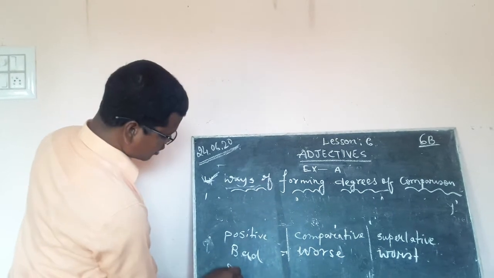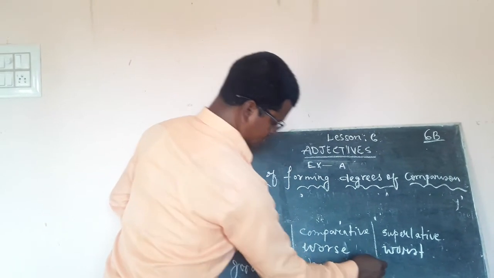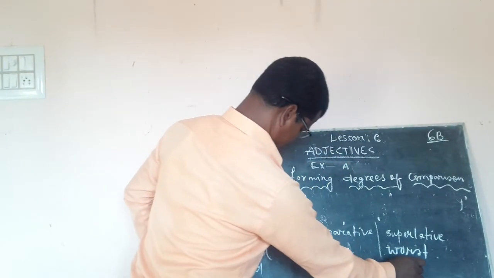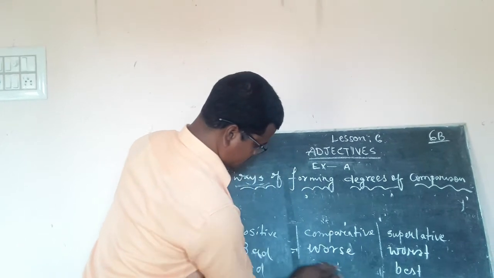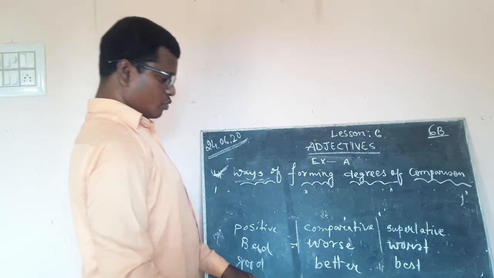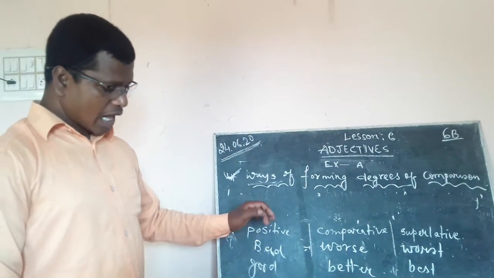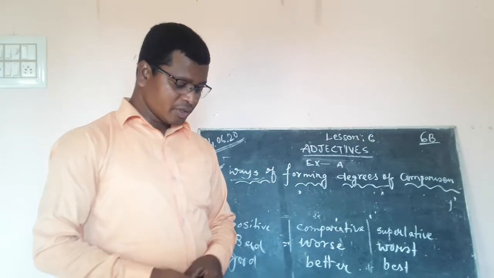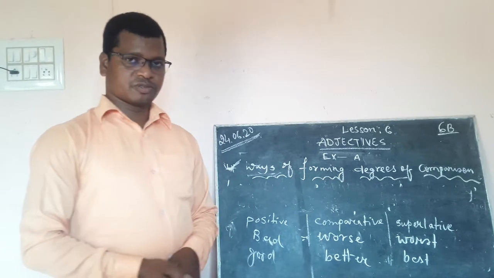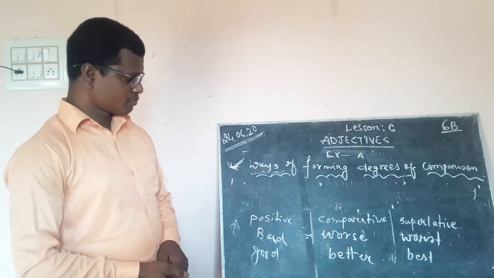One more, like good. Here we will write better, good, better, and best. So the last one, as I already told you, is by using unique forms of some single syllable words. These are also known as irregular adjectives.